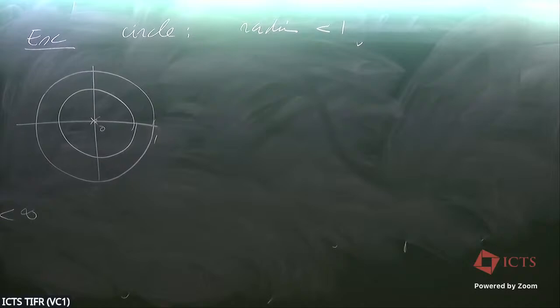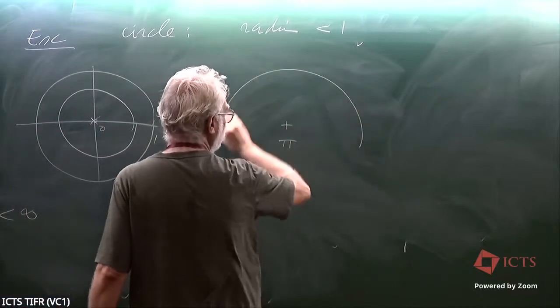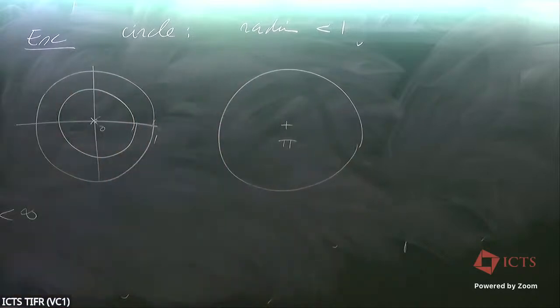But imagine that you start with a circle centered at pi. This theorem is telling you that if you take the circle of radius smaller than 1 around pi, you will find maybe none, maybe a finite number of integers whose orbit is exactly contained in this circle.